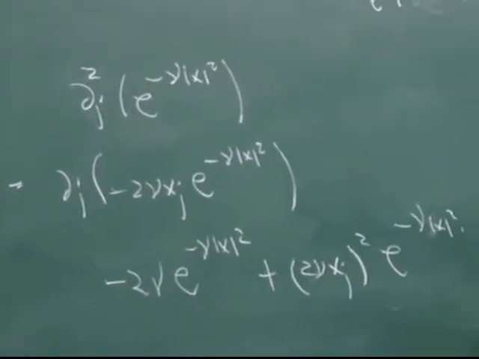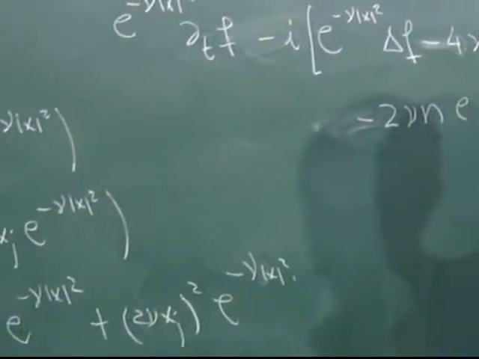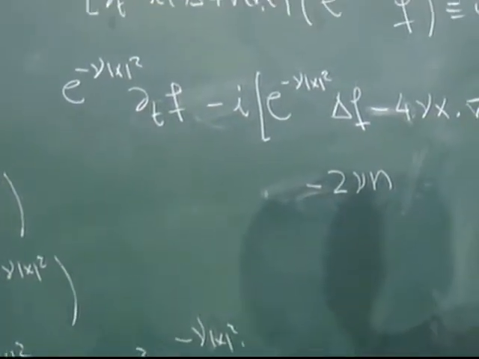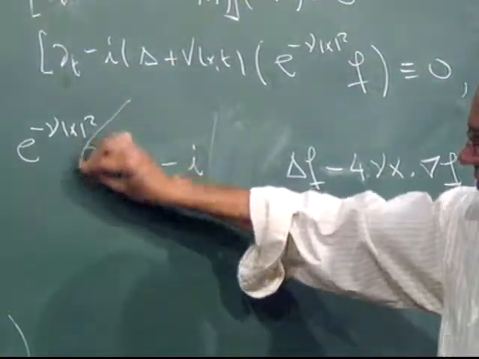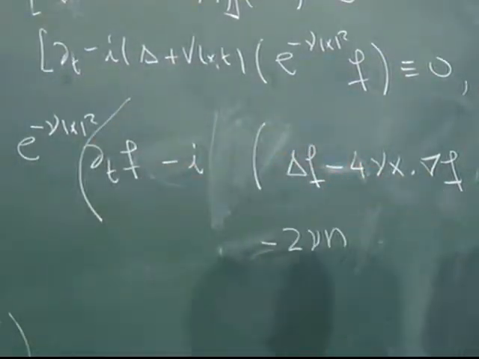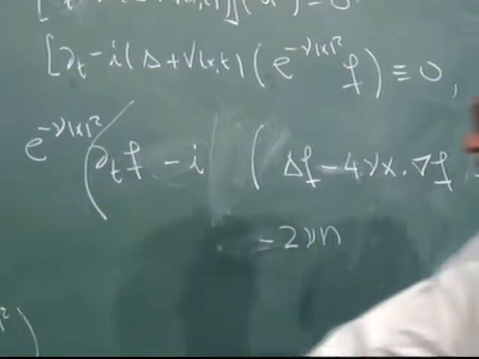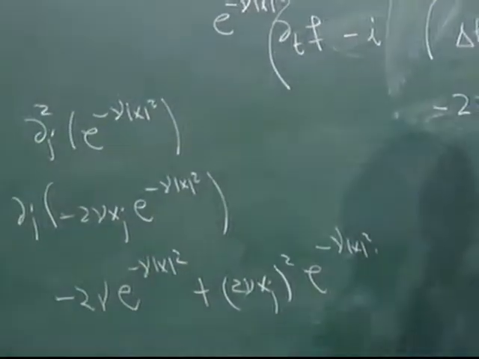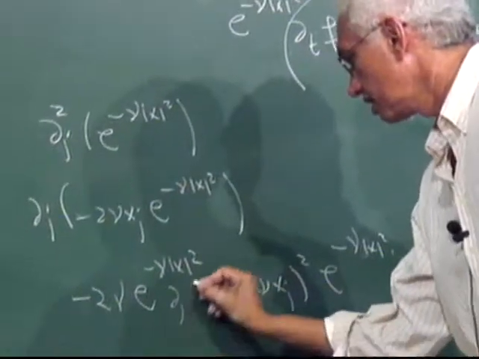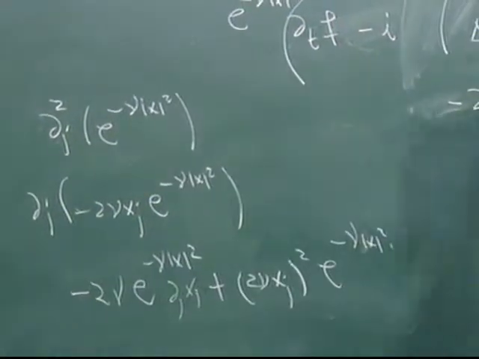I'm going to put this outside, because you are adding this with this n times. You have dj, xj. And then you have this.